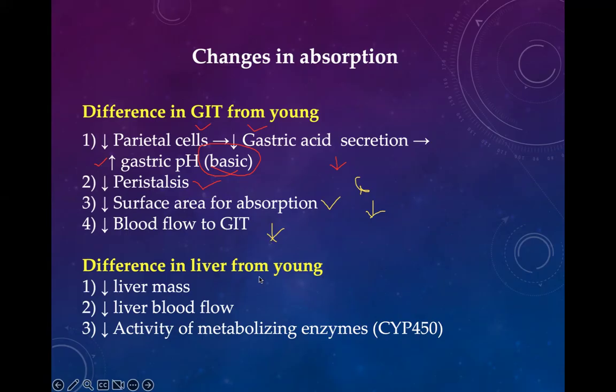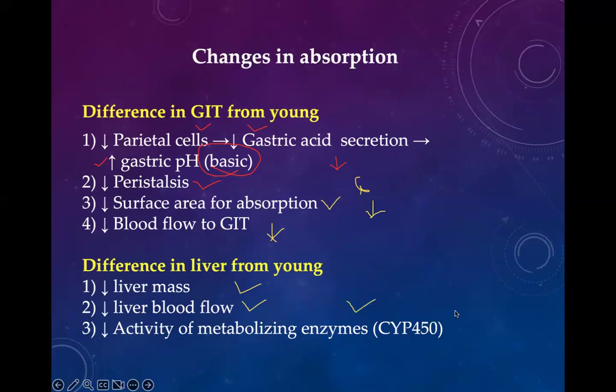In addition to this, in an elder person, there is a decrease in the liver mass. And we know that the liver is the factory for the metabolism of drugs. Decrease in the liver mass, decrease in the liver blood flow, and decrease in the activity of metabolizing enzymes.